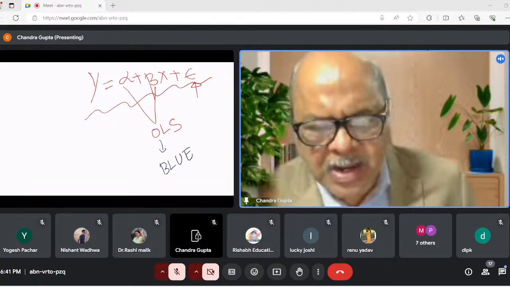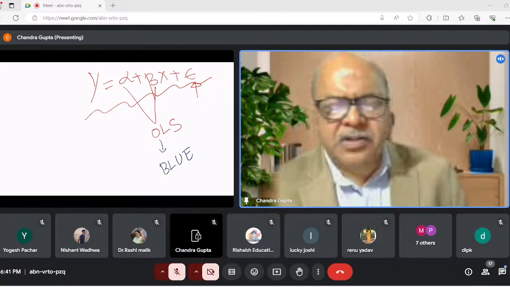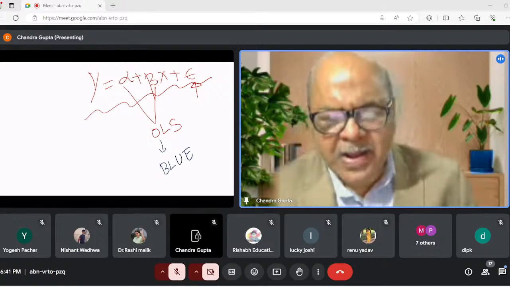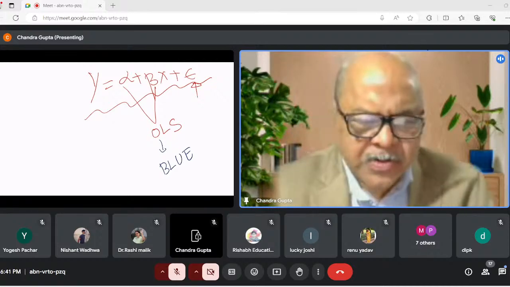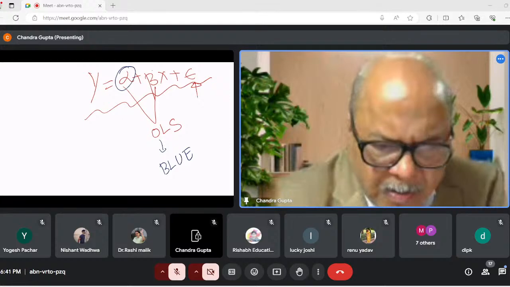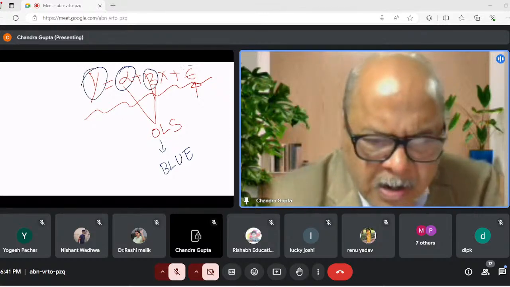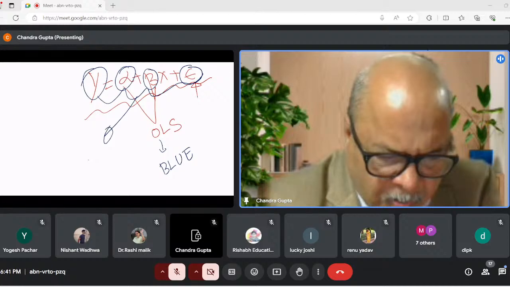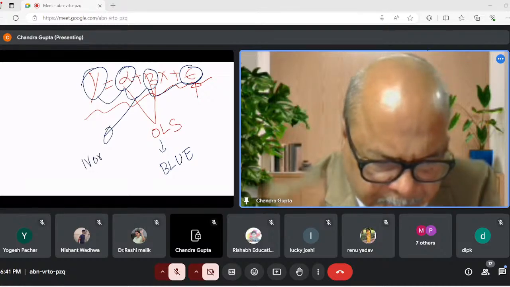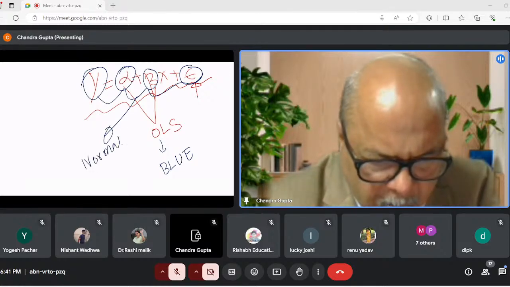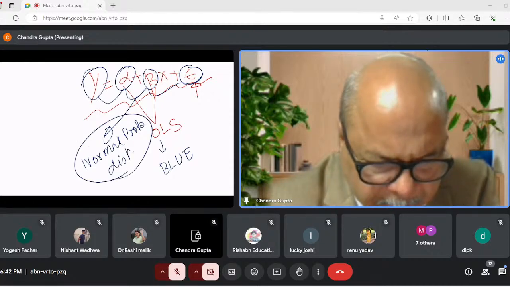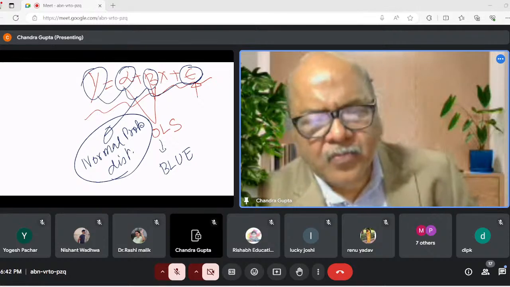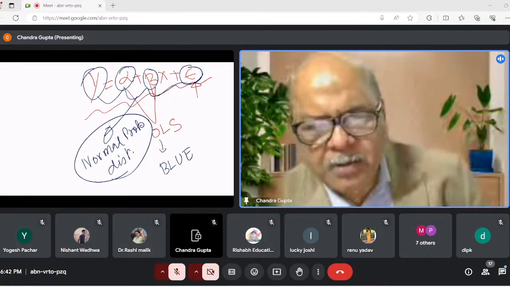OLS estimates are consistent, efficient, sufficient, linear, unbiased. And then we saw that alpha, beta, Y, and the error term all follow a normal probability distribution.